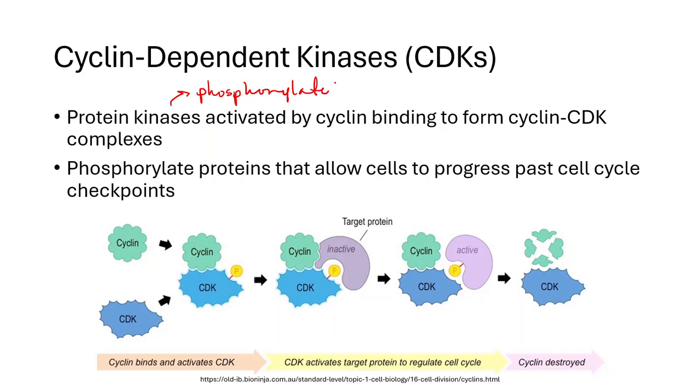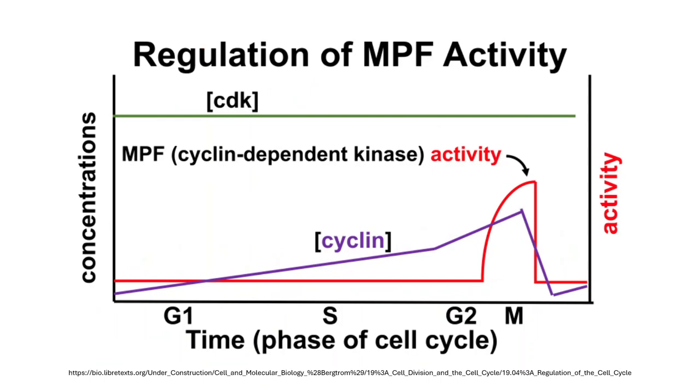And when they phosphorylate these other molecules, often proteins, that's going to allow cells to progress past whatever cell cycle checkpoint that they're approaching. Sometimes what will happen is these CDKs, when they're active, will then target transcription factors that will activate genes that will then trigger the cell to move to the next part of the cell cycle. So let's look at an example of this happening.